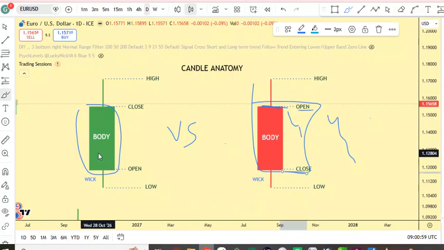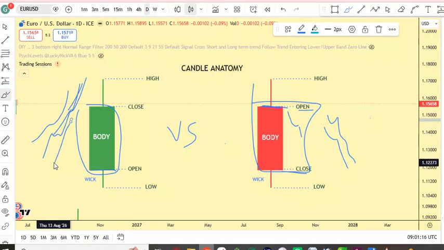But for a bullish candle, remember, it goes up. Bearish comes down, bullish goes up. You can also call it buy. So since it goes up, it begins forming the block area from beneath, from below. Where it starts forming the block area is called the opening, and where it ends forming is called the close.